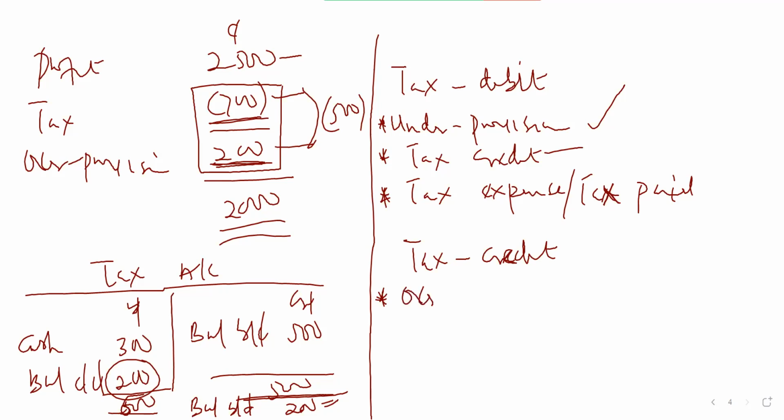The first one is overprovision. The next one is what? The next one will be tax liability. It will be tax liability owings, which is a liability.